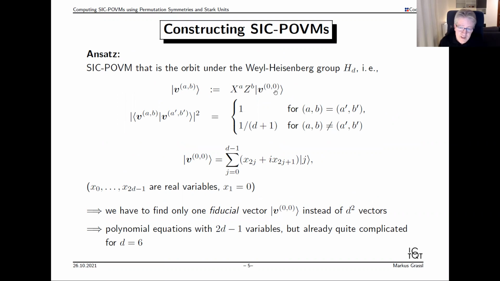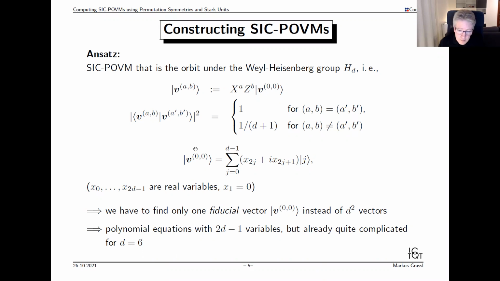So we take a single vector and compute the full orbit of that. In frame theory, what we would have is a finite Galois frame, since we're just taking one so-called fiducial vector, and then we apply modulation and translation to it in finite space. So we are computing effectively on the torus of d squared.